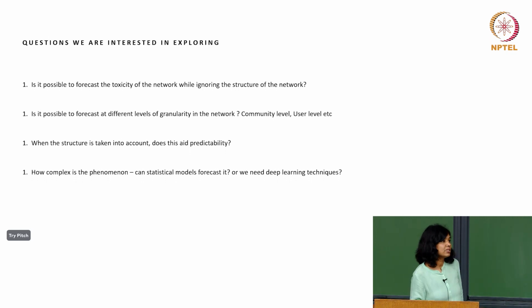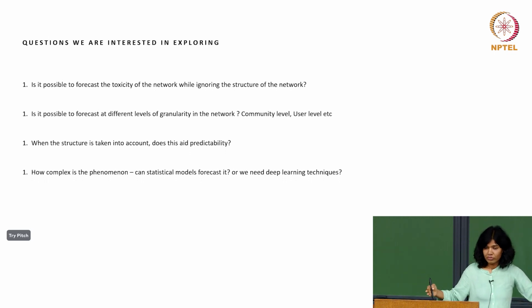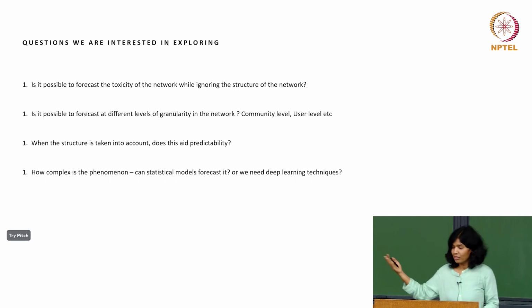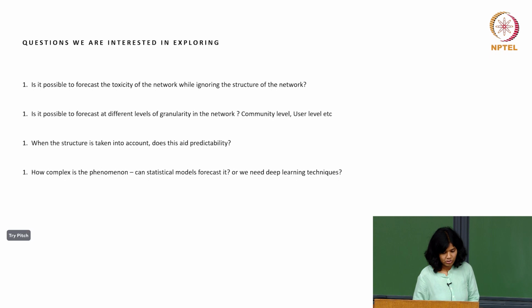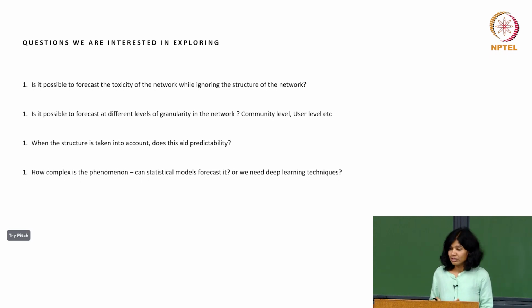Can we use the context length of days of data to forecast the next few days or hours? That's how we started, and we wanted to explore whether it makes sense to do time series forecasting in the case of toxicity spread.